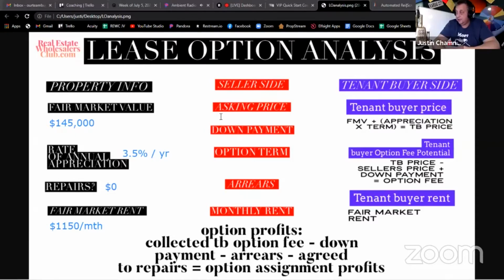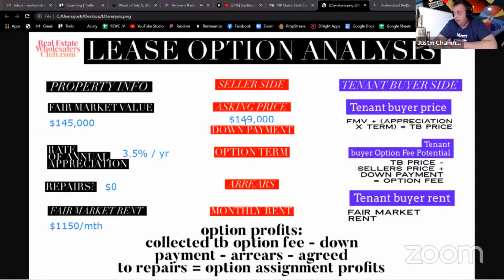Let's go over here to the seller's side, and this is based on the conversation we had with the seller. When we called the seller, he's obviously got an asking price he wants for that property, right? So in this particular case, the homeowner was looking for this.